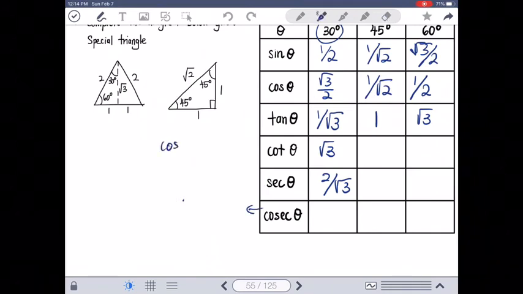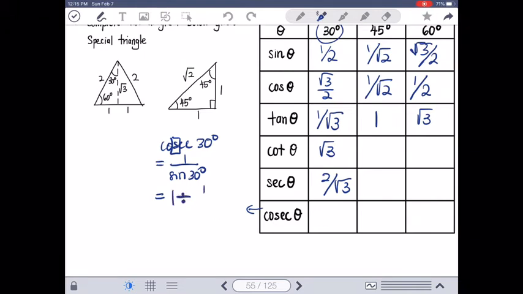And for cosec 30 degrees, it is 1 over sine 30 degrees, because of the third letter. So 1 divided by sine 30 degrees, which is 1 over 2.